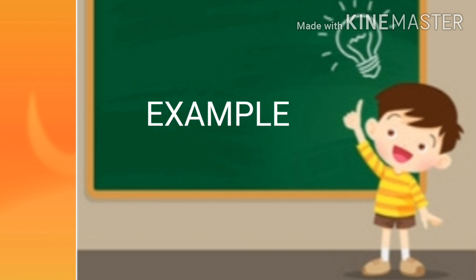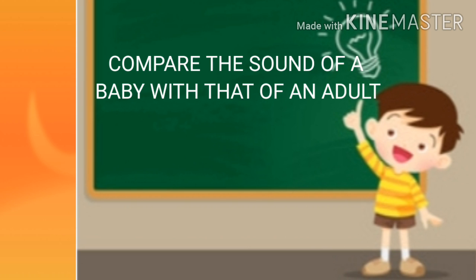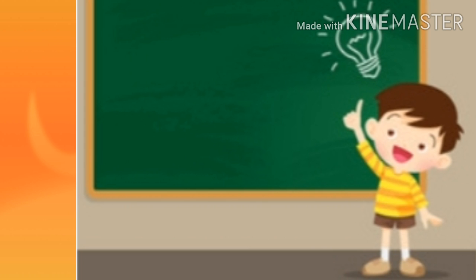Compare the sound of a baby with that of an adult, right? This is just an example I am taking for you. If you compare the sound of a crying baby with the sound of a crying adult, is there any difference? Yes, there is a lot of difference, right? So even if two sounds are equally loud, they differ in some way.